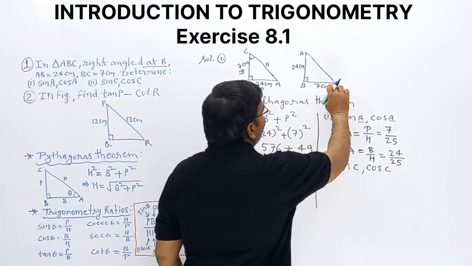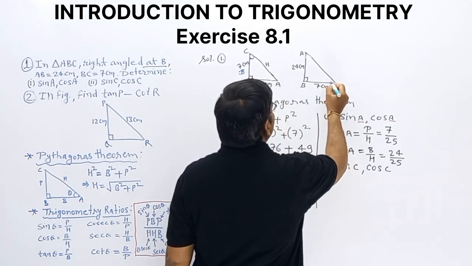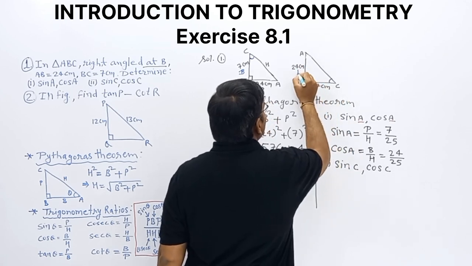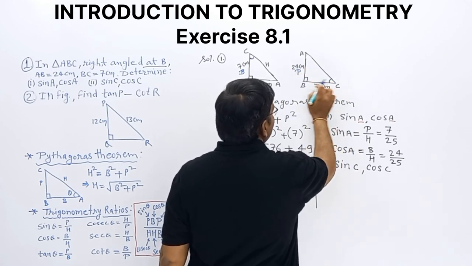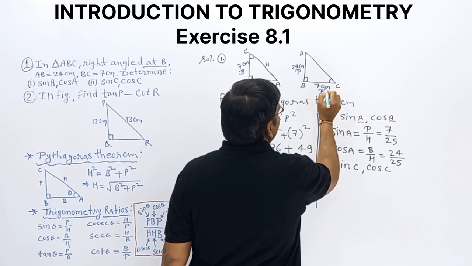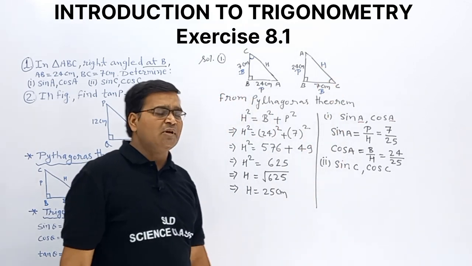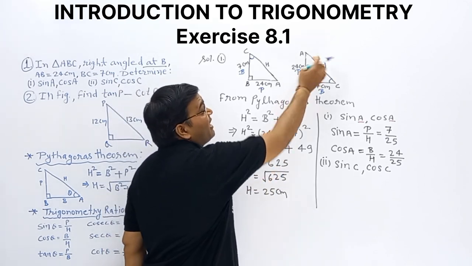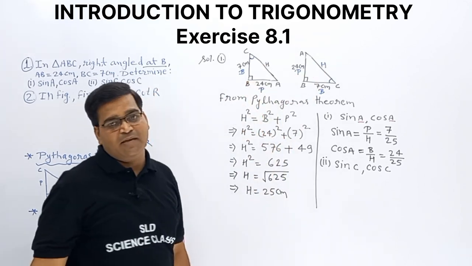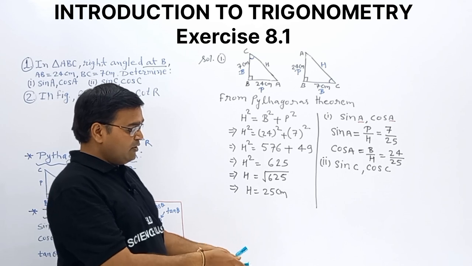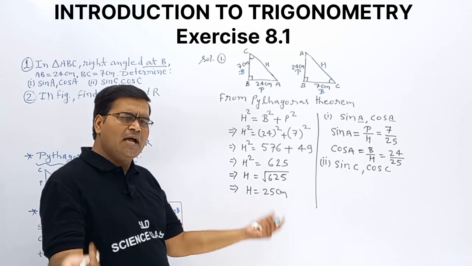We are considering acute angle C. Its opposite is this one, so this one will be perpendicular. Its adjacent is this one, so this is the base. And the remaining will be hypotenuse. Hypotenuse is opposite of 90 degree. Now by using ratios we can find the answer.